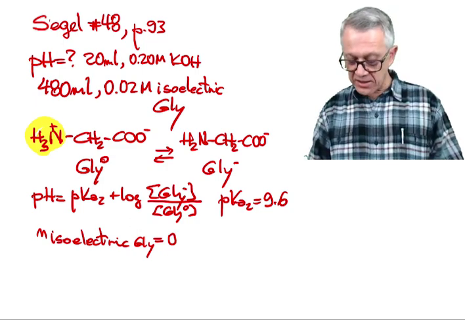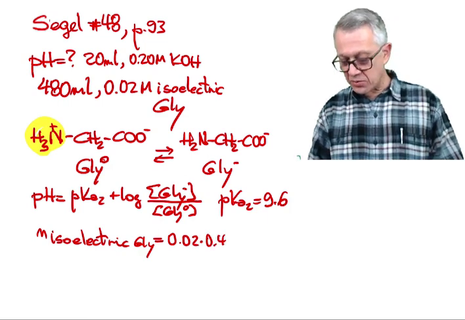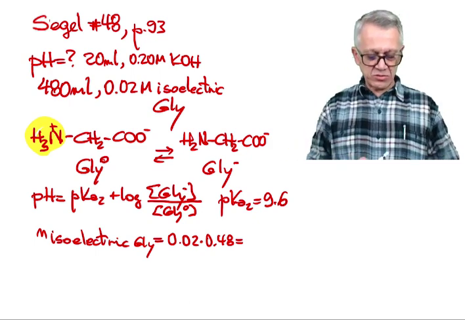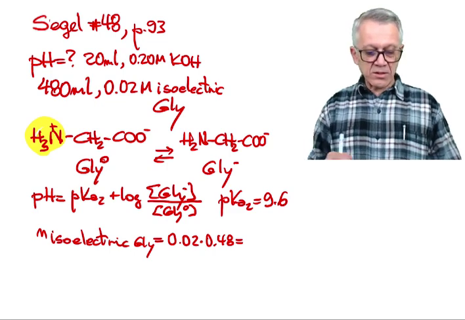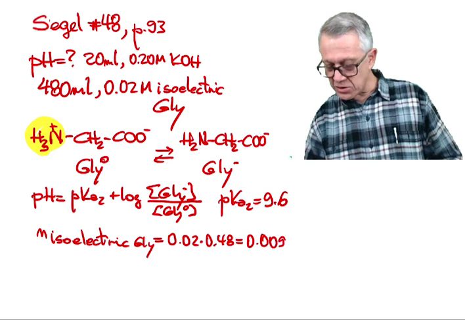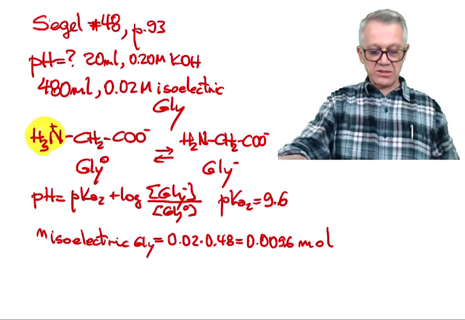So the number of moles is going to be 0.02 times 0.48, that is 0.0096, two zeros after the decimal, mole of isoelectric glycine.